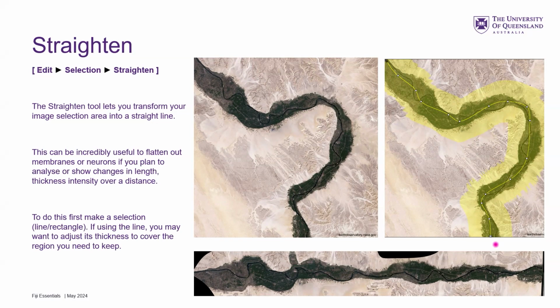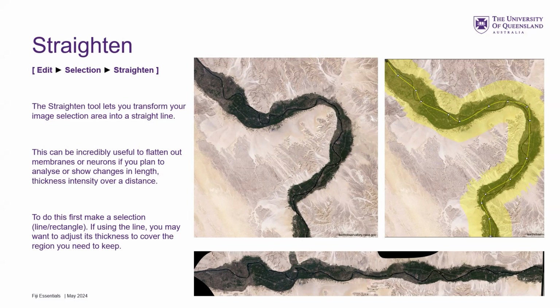If you go Edit, Selection, Straighten, and thicken the line, you get it all straight. If you wanted to quickly measure the thickness of the green vegetation around the river, or e-cadherin on a membrane, it's way easier if it's all in a line. Or if you want to show that something happened at the end of the axon and it got really bright, and you wanted to line up 10 treatments, you can do that.